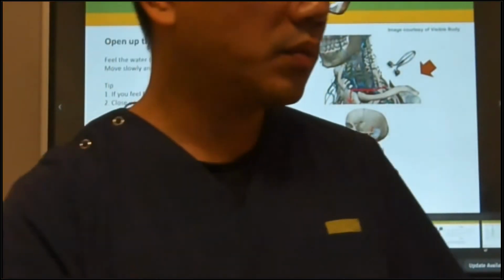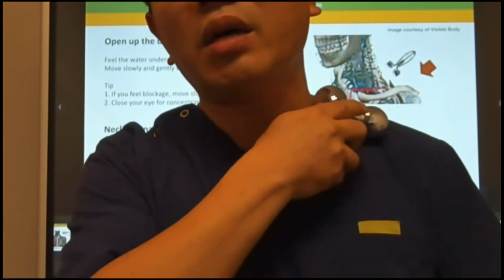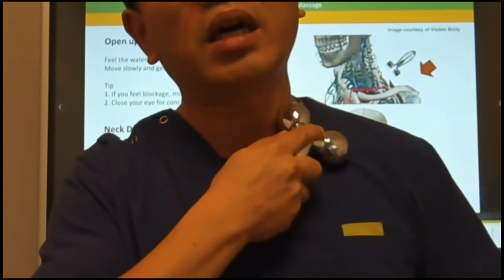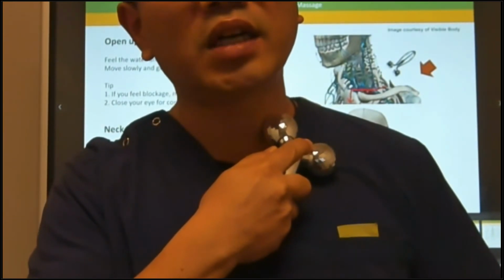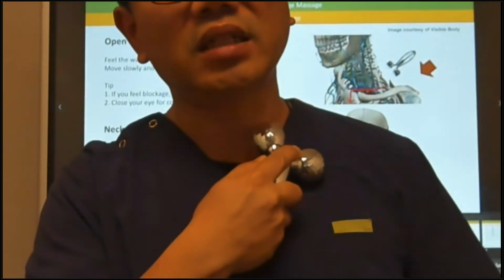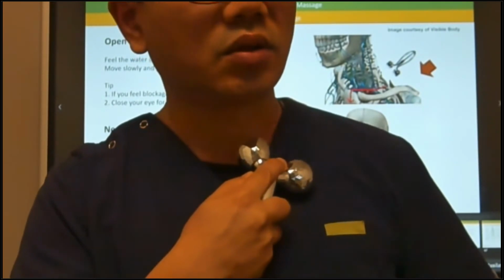Use either your thumb or the one. But when you do lymphatic drainage, it has to be slow and not hard. When you apply too hard pressure, lymph flow gets high, and it's no good.